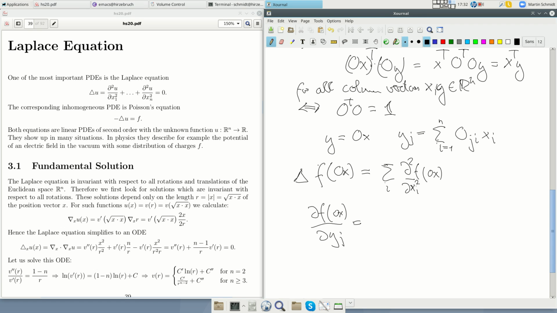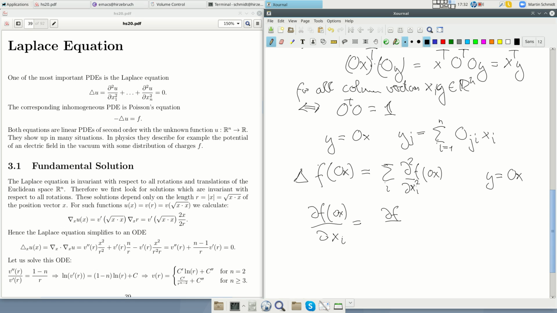Now let's do this calculation. This is df, where we call y equal to Ox.